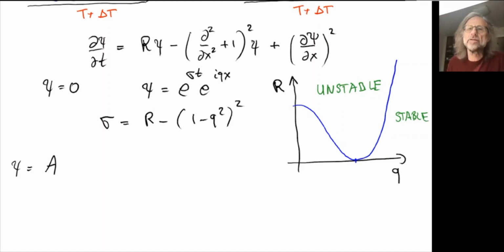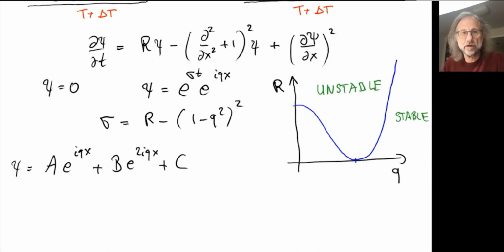I'm not gonna write down A of t, I'll just write A times e to the IQX. So that is the mode that I imagine is destabilizing. Then because we have nonlinearities, there is a mode B with twice the wave number. Then there could also be a mode C with wave number 0. And there could be a mode D with e to the 3 IQX, and so on. And of course, also a complex conjugate.